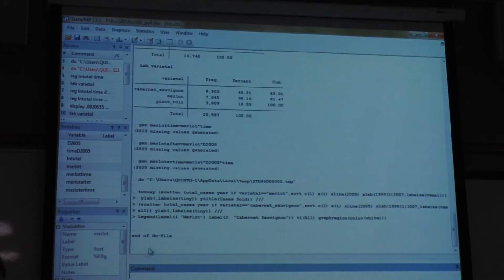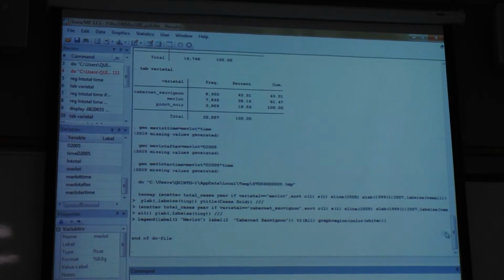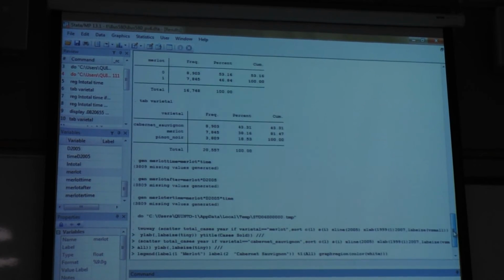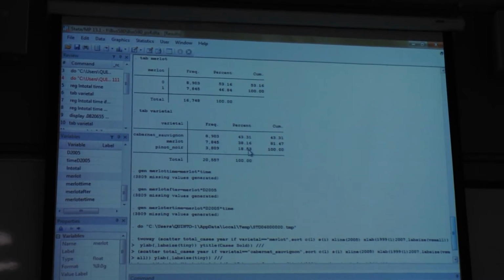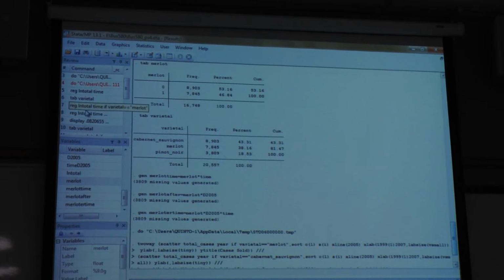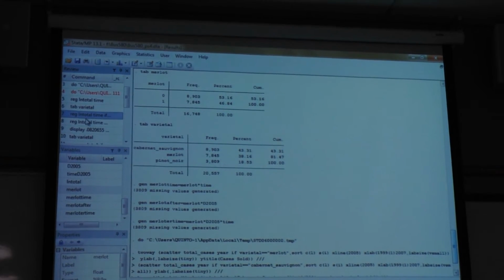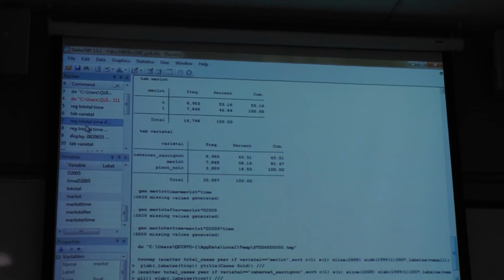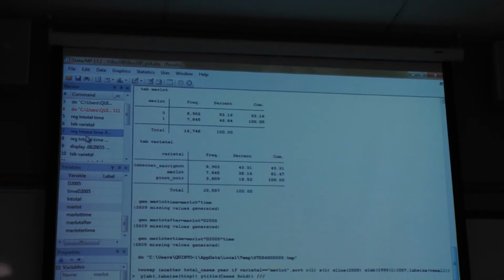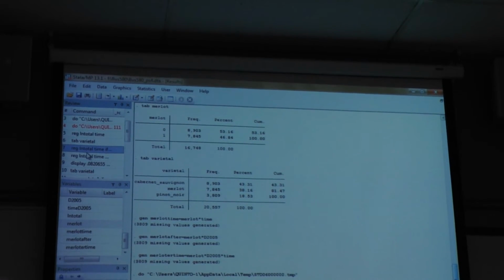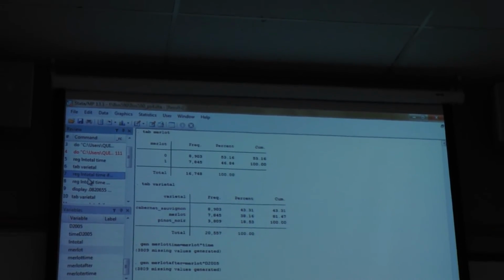All right, we just want to run a regression now, so let's do that. Now in this, do we need to put the if statement now? No, because we want both Merlot and Cab.